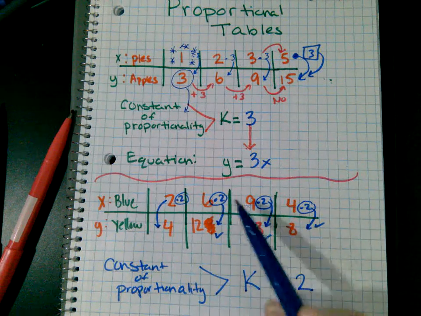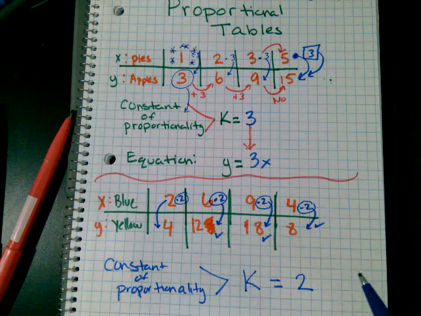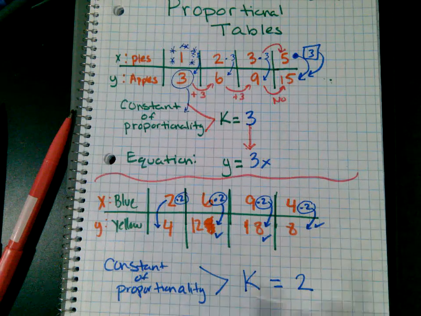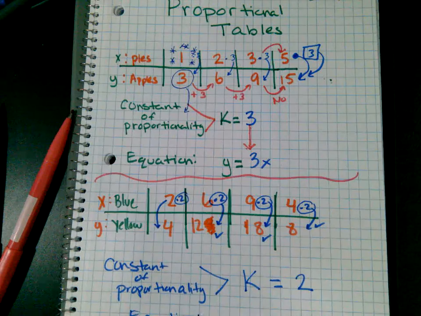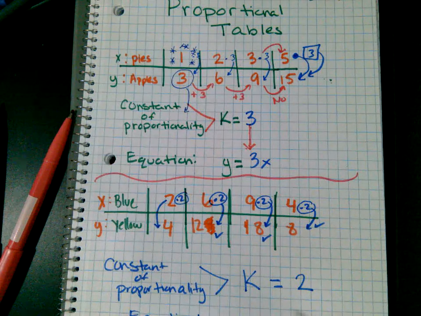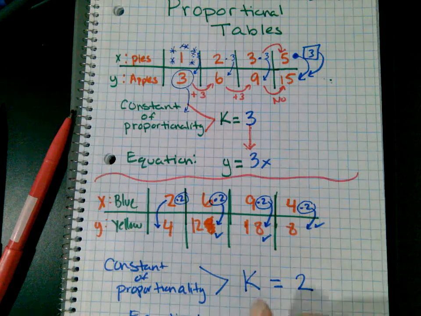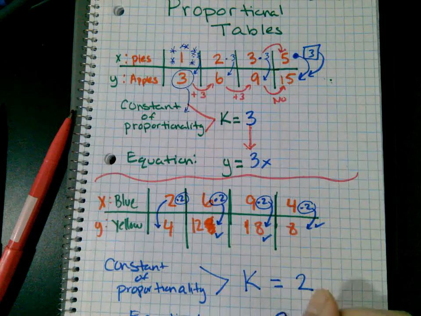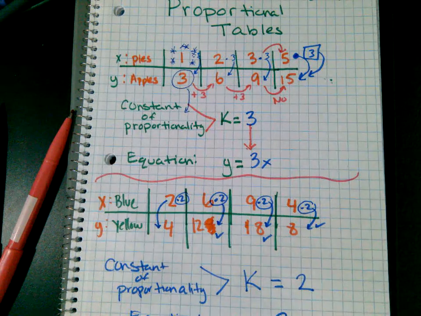It's this magical number that I multiplied by. What is my equation? My equation is y equals 2x.